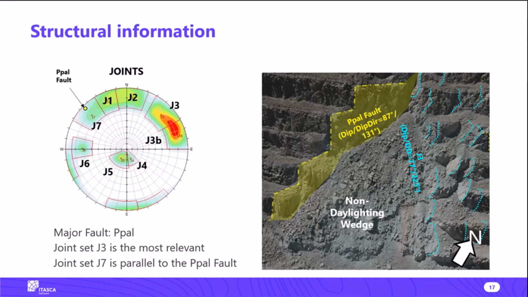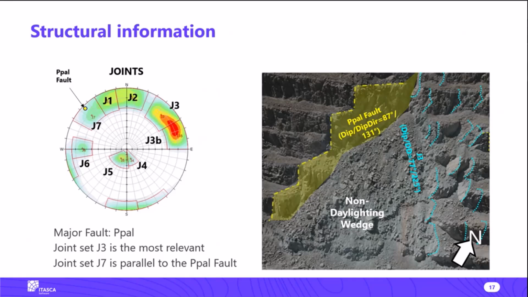The major one, and the most relevant, is called G3, we see to the left. There is also a large fault. And in this model, we want to mention that all the large faults are modeled in a discrete manner, but the joint sets are represented using a continuum approach.